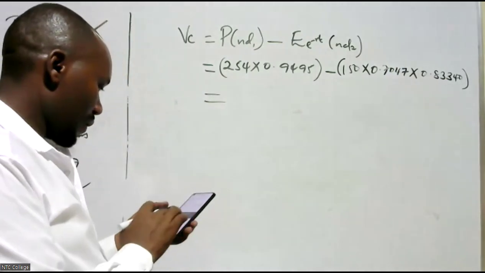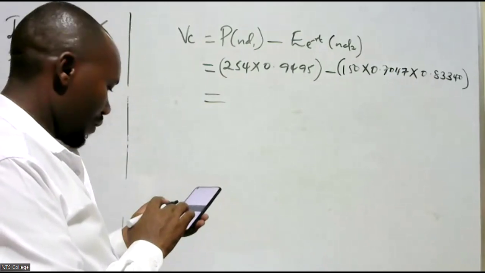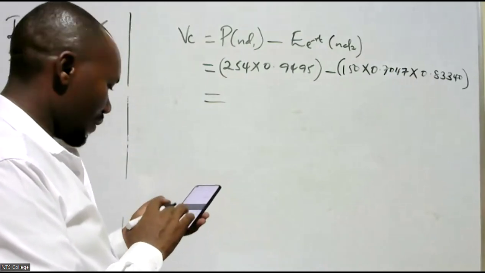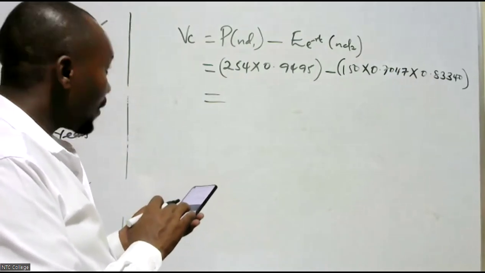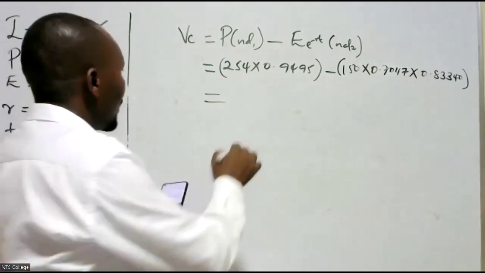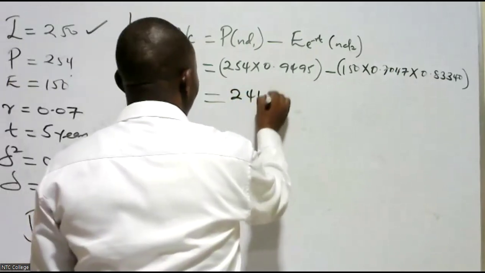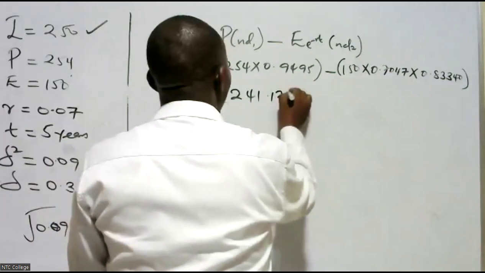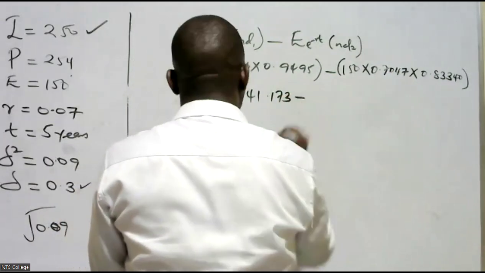So we have 254 times 0.9495, 241.17 minus.